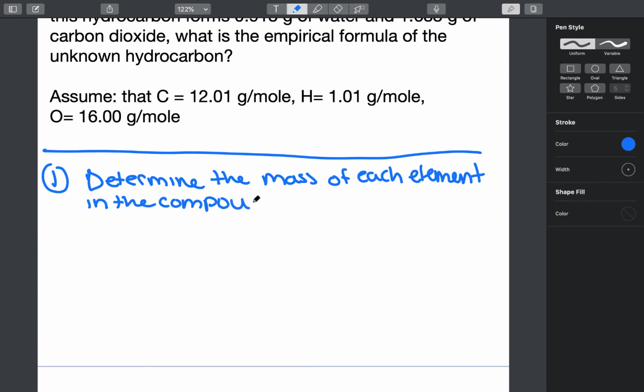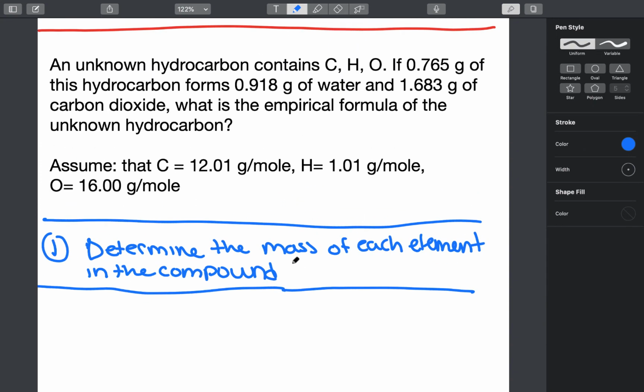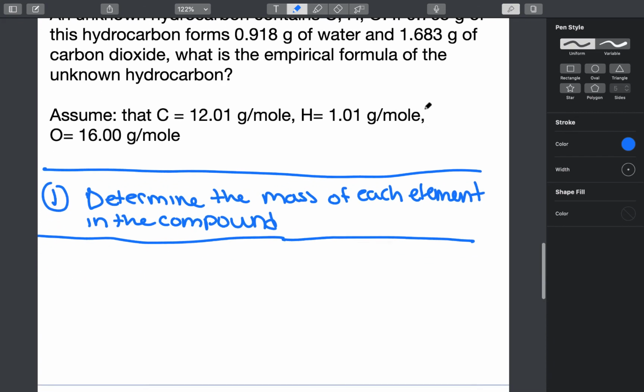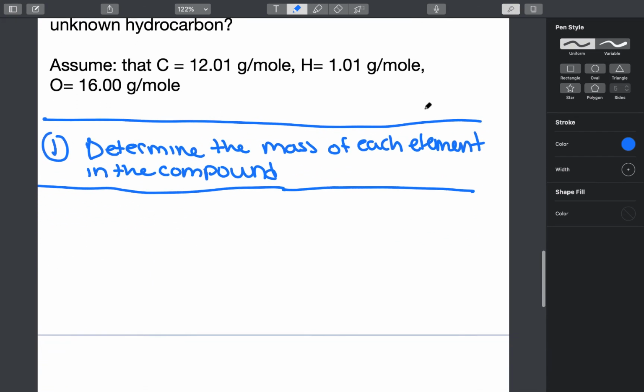So this is the first step that we are going to do. We want to find out how many grams of carbon, hydrogen, and oxygen are in this unknown hydrocarbon. So we'll start off with carbon.